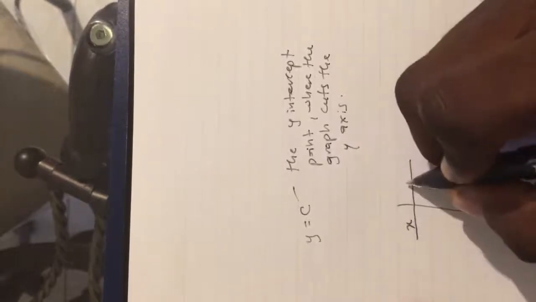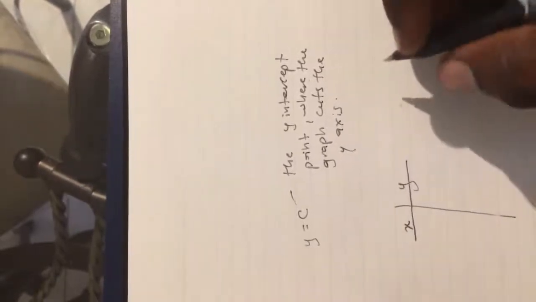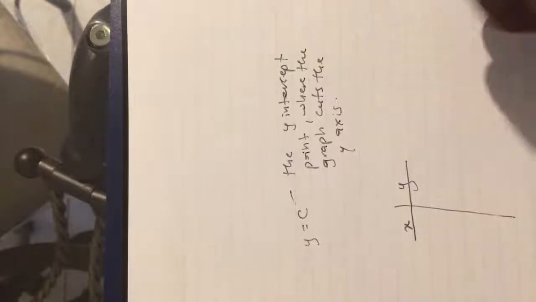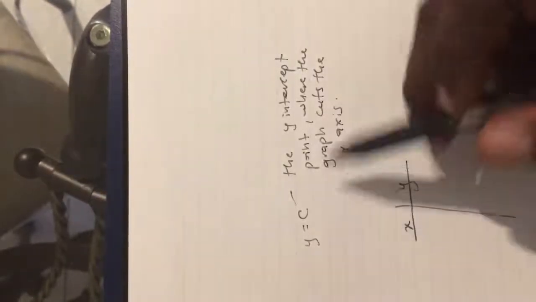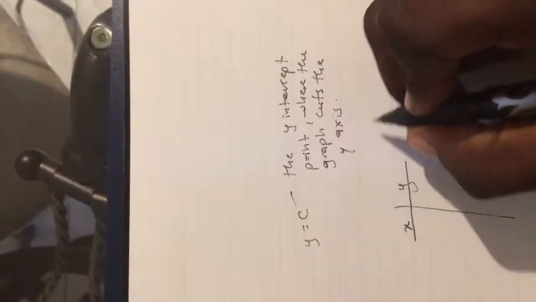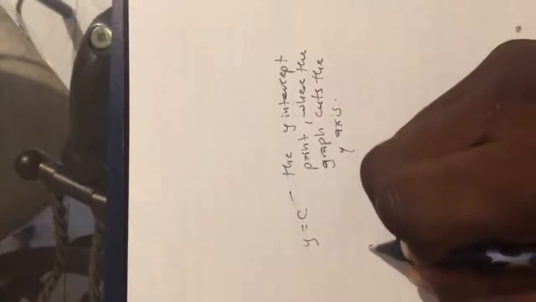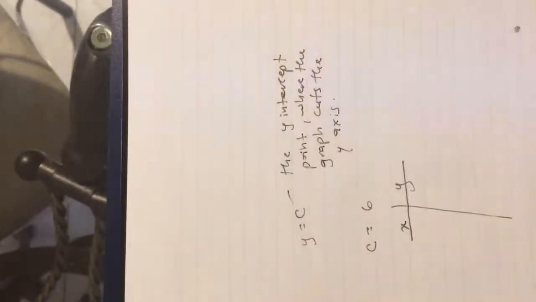So as usual, we have to draw up our table, x and y. Whenever we're doing the equation of the line, we can't leave the m and we can't leave the c. So let's say c in this case is equal to 6. You can make c be anything. c can be -6, c can be -5, it can be 1.